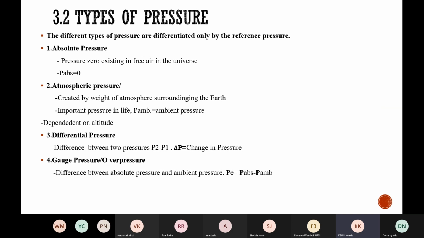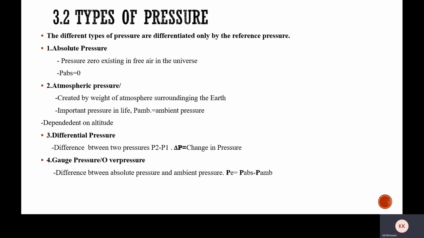This pressure exists in free air in the universe and is given as pressure ABS subscript equals 0. Number two, we talked about atmospheric pressure. This is the pressure experienced on Earth's surface by the weight of the atmosphere surrounding the Earth, and it is also known as ambient pressure.